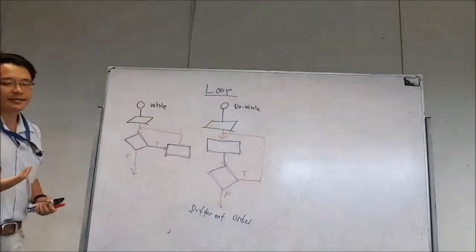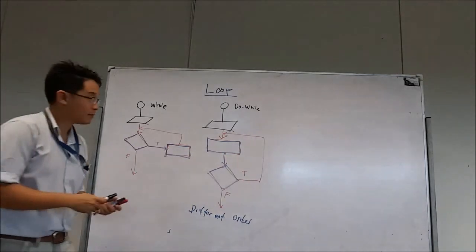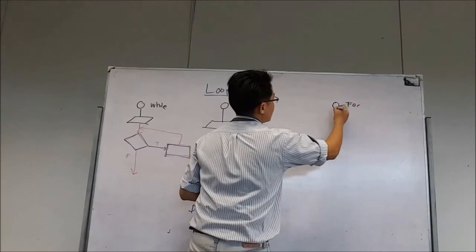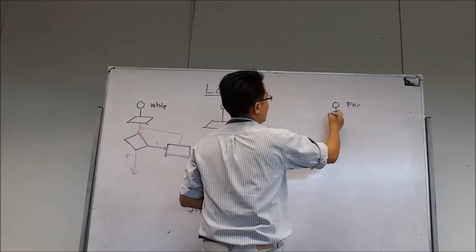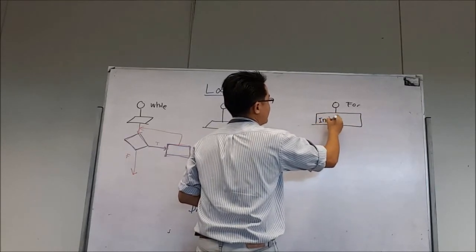For loop, we already know how many times. So for for loop, it typically looks like this. Initialize the counter.